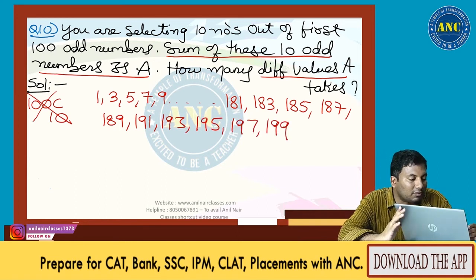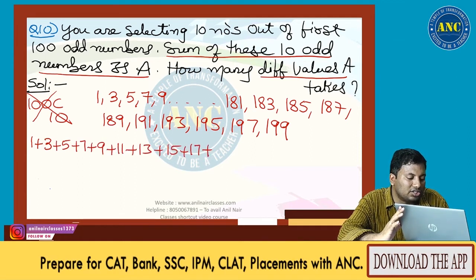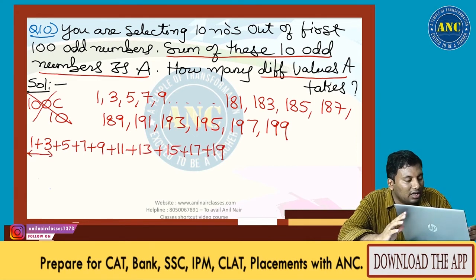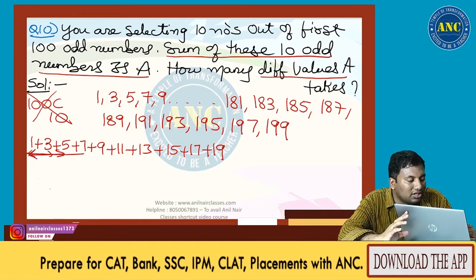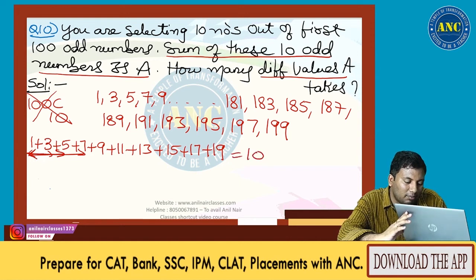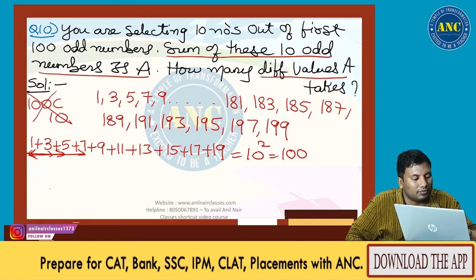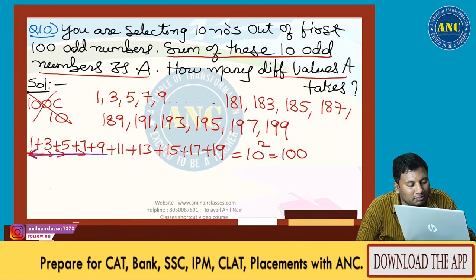If I take the sum of the lowest 10 odd numbers, 1 plus 3 plus 5 plus 7, 9 plus 11 plus 13 plus 15 plus 17 plus 19. First 2 odd numbers sum is 4 which is 2 square. First 3 odd numbers it is 9 which is 3 square. First 4 odd numbers it is 4 square. First 10 odd numbers 10 square, it is 100. Listen carefully here. From here to here the sum is 100.